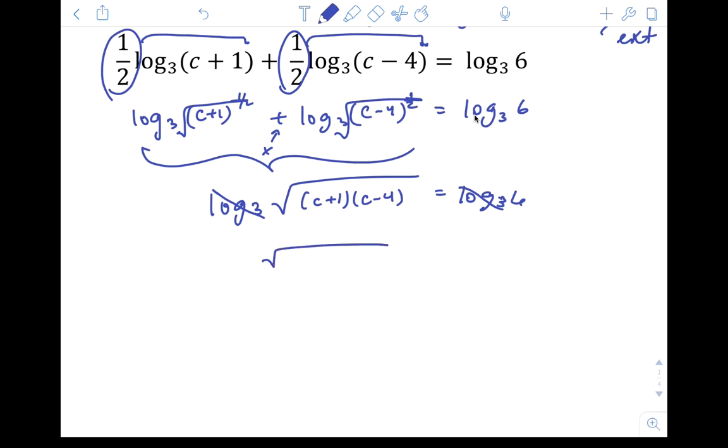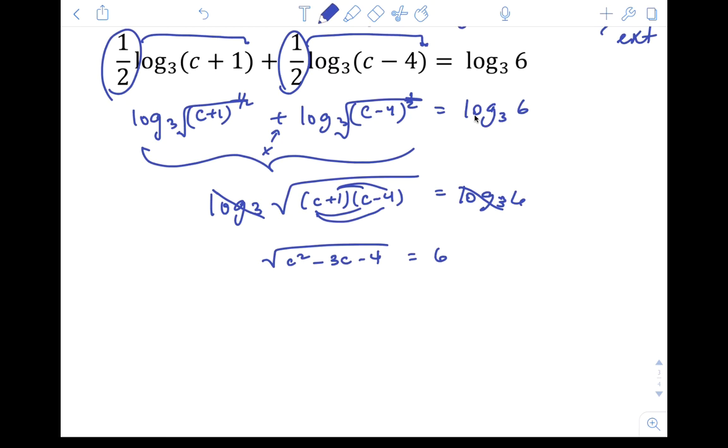Okay. So we've got, let's see, I'm going to go ahead and do it. C squared minus 4c plus 1c is minus 3c. And then 1 and negative 4, minus 4. So this equals 6.